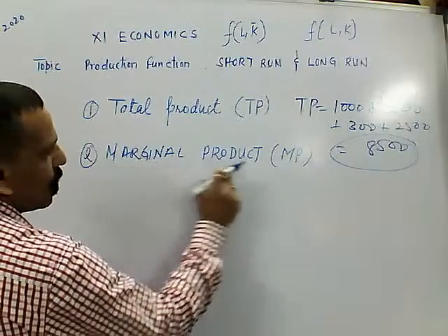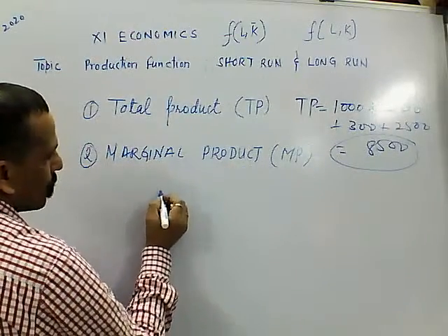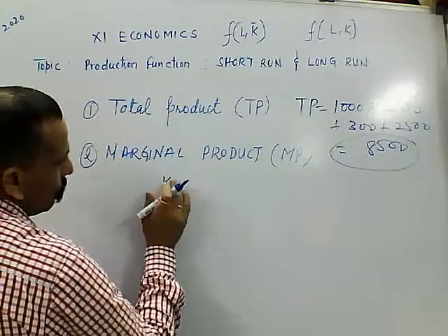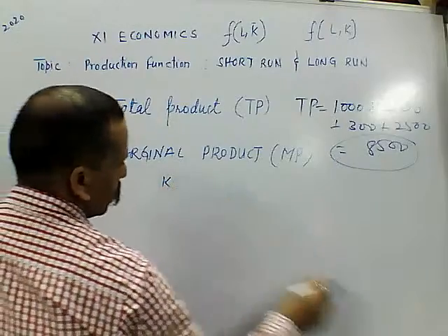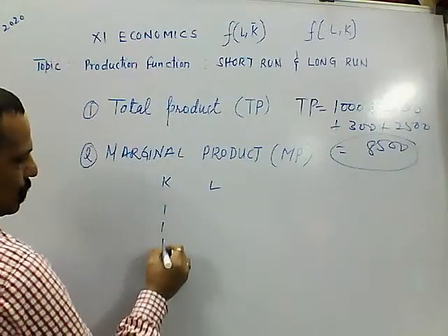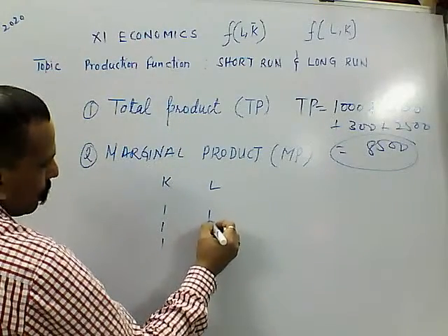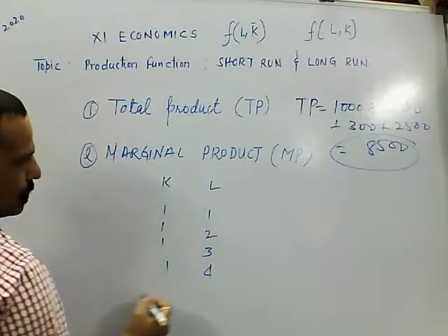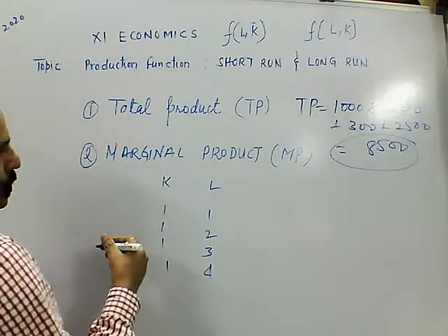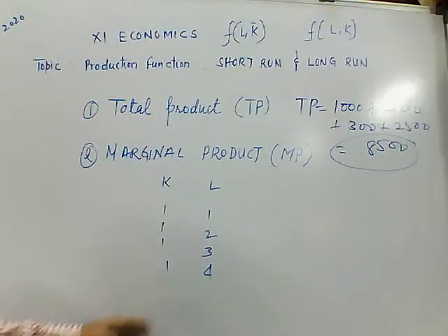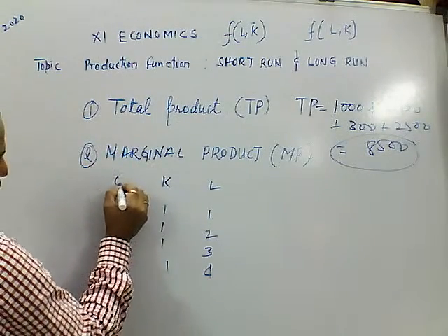So for marginal product, on this side we are taking capital, K for capital, and labor. Only one machine, earlier one worker, then second worker, third worker, and fourth worker.